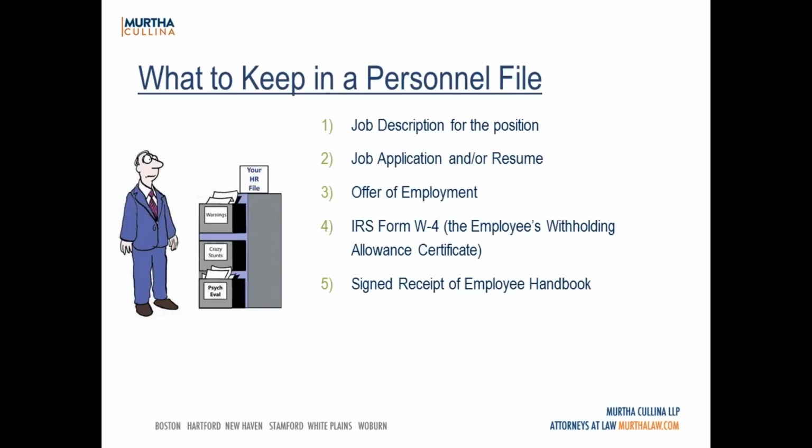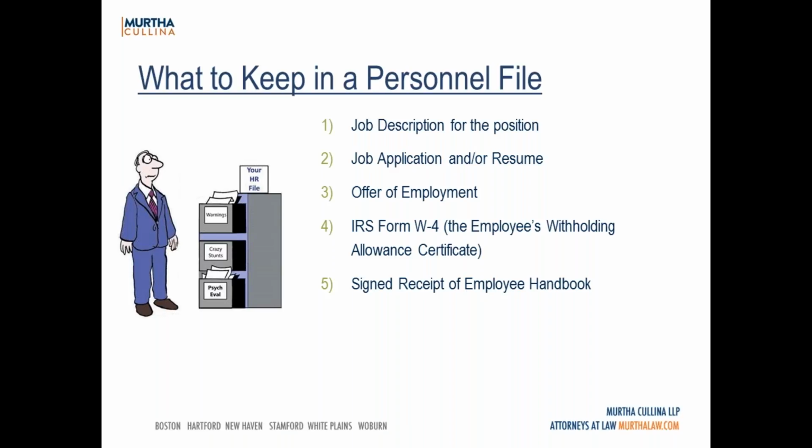So what should be in a personnel file? I don't think anything on this list is going to be a surprise to anyone, but you want the job description, the job application, resume, any offers of employment, tax forms. If there's a handbook that's been signed for, you want a copy of that in the personnel file. Evaluations, forms that relate to benefits. As I mentioned, you might segregate those in a subsection of the personnel file.